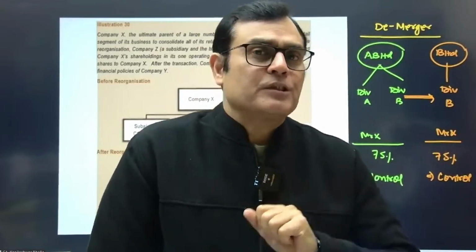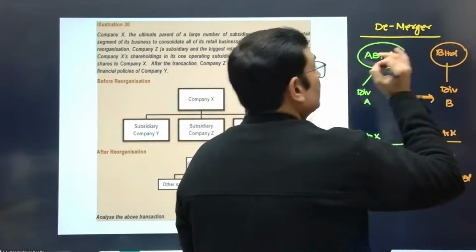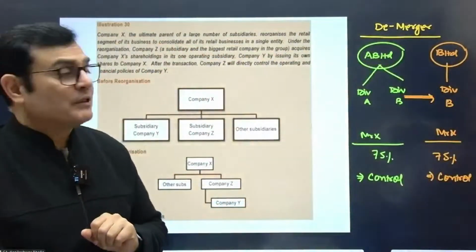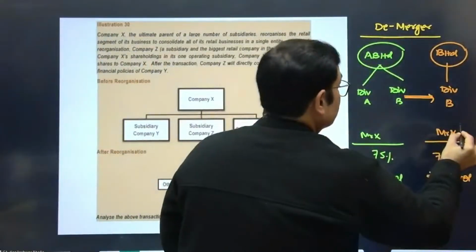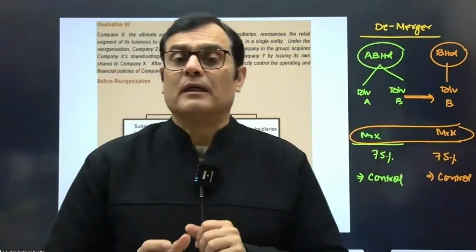This is a case of a demerger, and this also means that this transaction between the two companies is between a related party. Because in this case, Mr. X is the common thread who is having a control of both the companies.